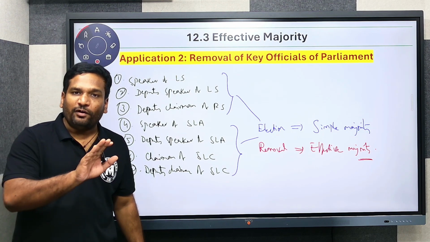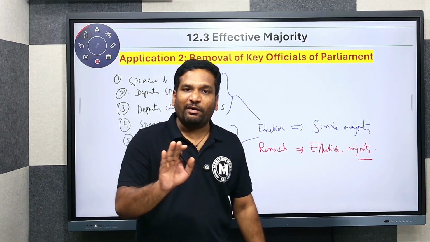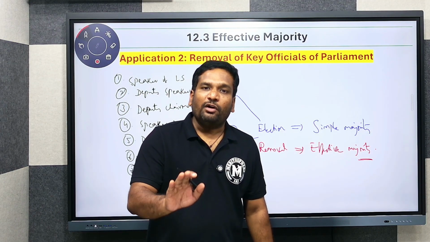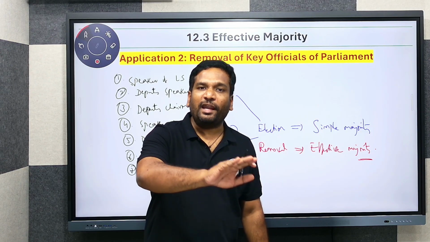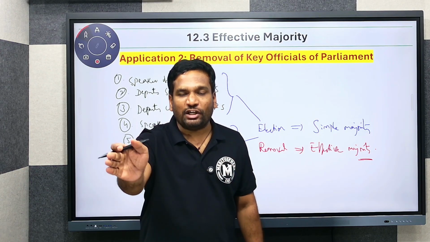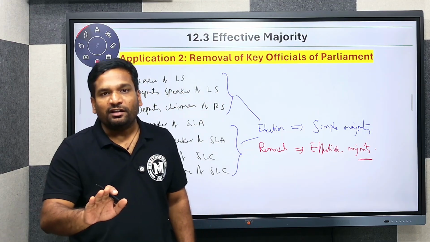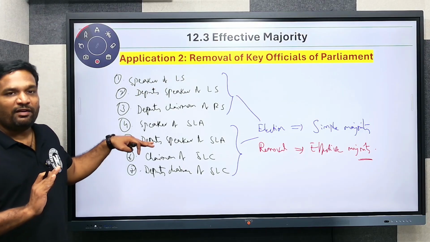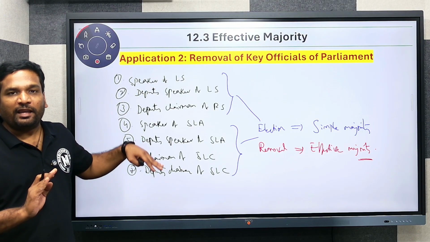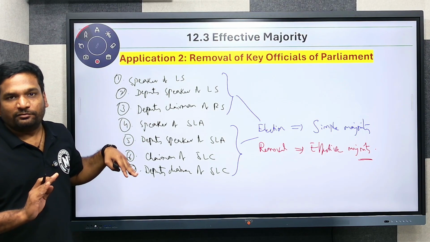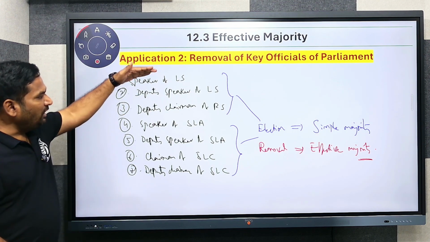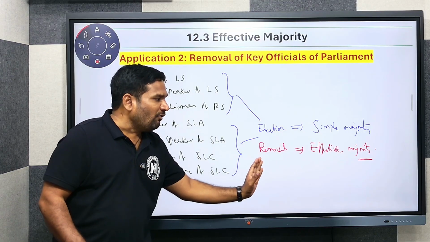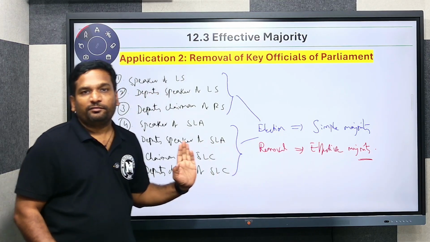The Chairman of Rajya Sabha is not elected; after electing the Vice President of India, he will be the ex officio Chairman of Rajya Sabha. There is no separate election for the Chairman of Rajya Sabha. But the question may include the Chairman of Rajya Sabha in this list to try to fool us. So we have to be very sure that for all these functionaries, the election is based on simple majority, whereas the removal process is based on effective majority.